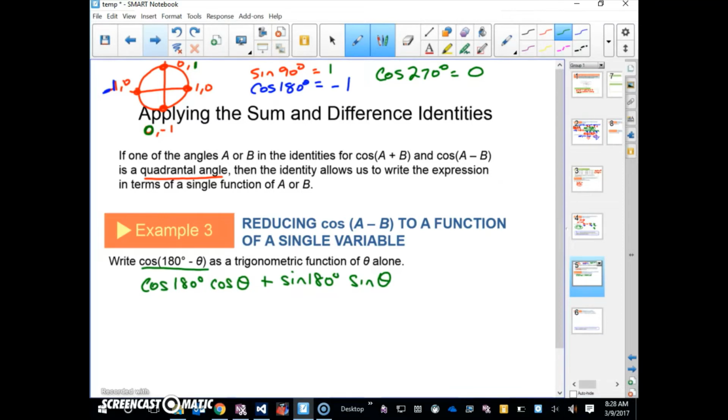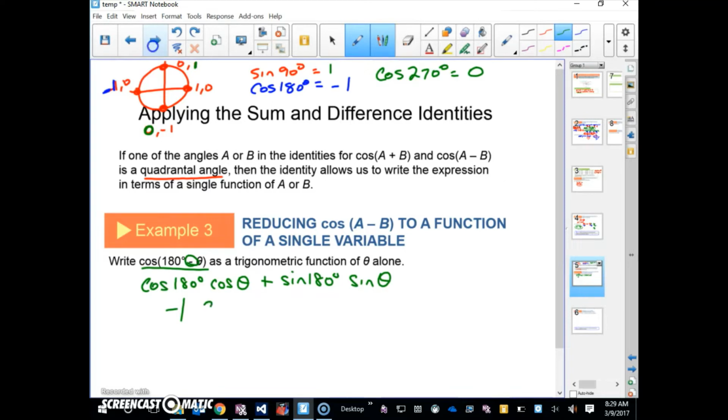Just use the form that's given by the cosine difference formula. Cosine 180, we ought to know from the unit circle above. We know cosine 180 is negative 1.